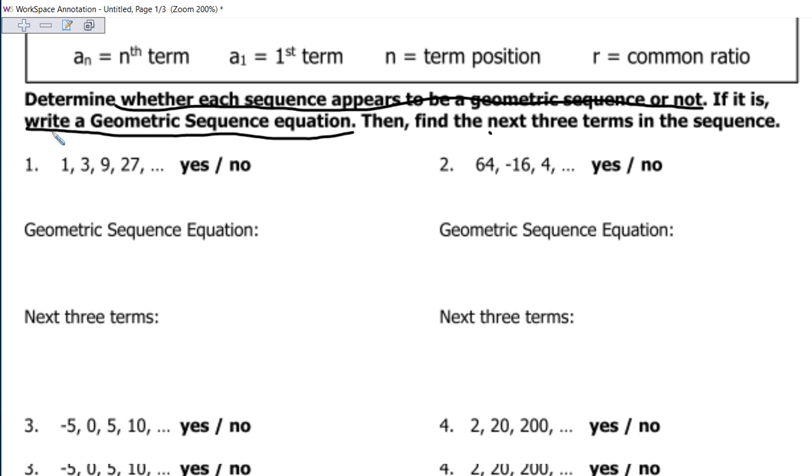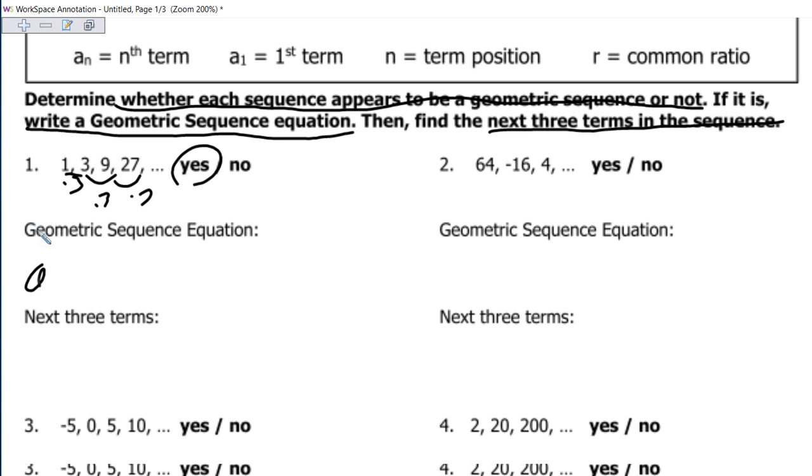So 1 times 3 equals 3. 3 times 3 is 9, times 3 is 27. So yes, this does appear to be a geometric sequence. Now, what we're going to put here is the geometric sequence equation.